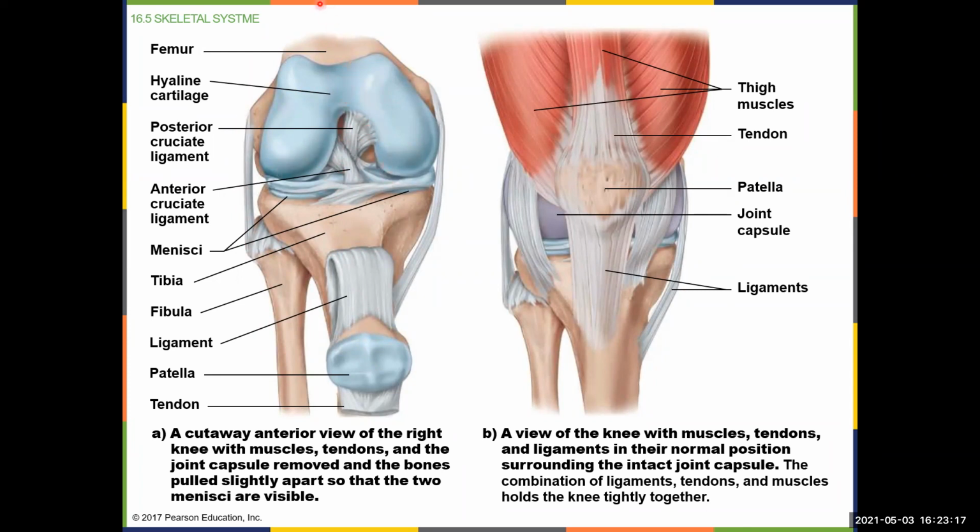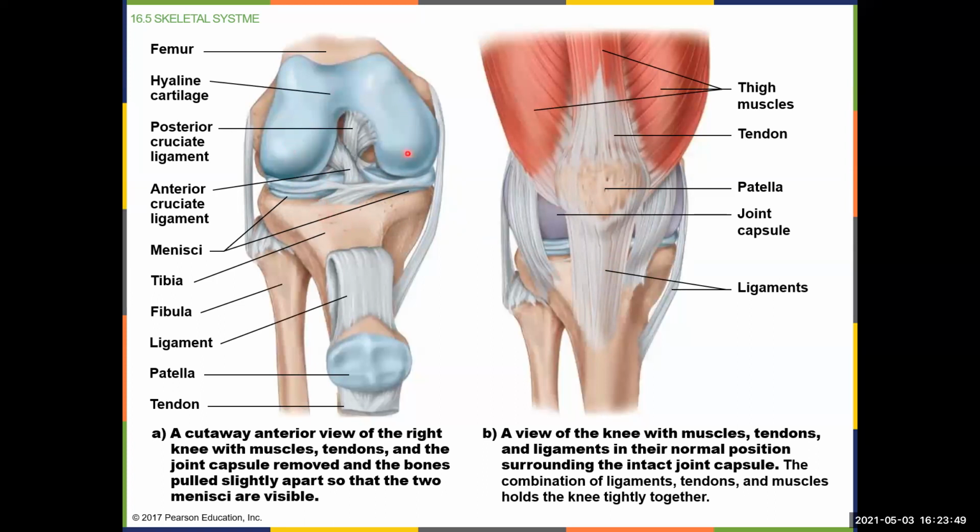But then you also have muscle on top of these bones. For example, your thigh muscle is connected to the patella via a tendon, and then your patella to the bone via ligaments. What you also notice is there's a meniscus in here. This is also a cartilaginous cushion to help with forces between the femur and the tibia.